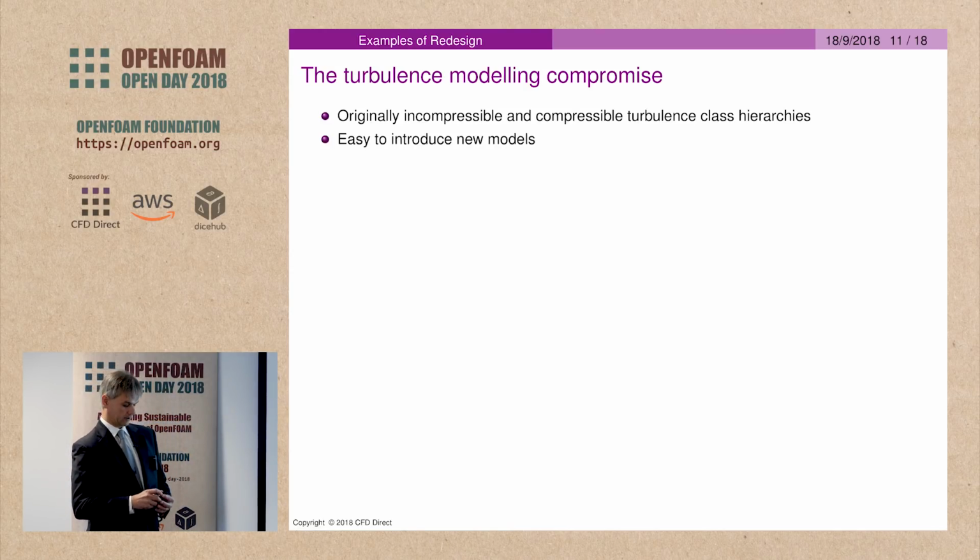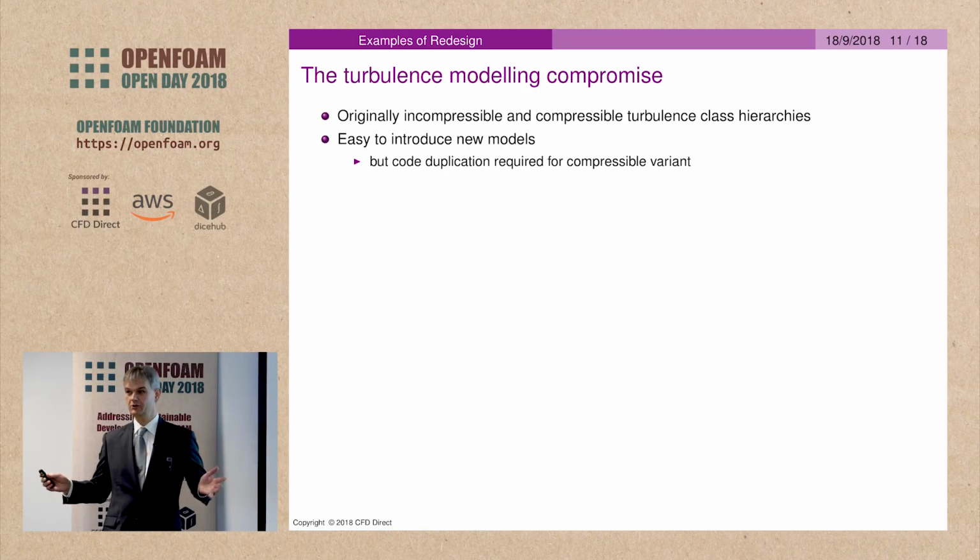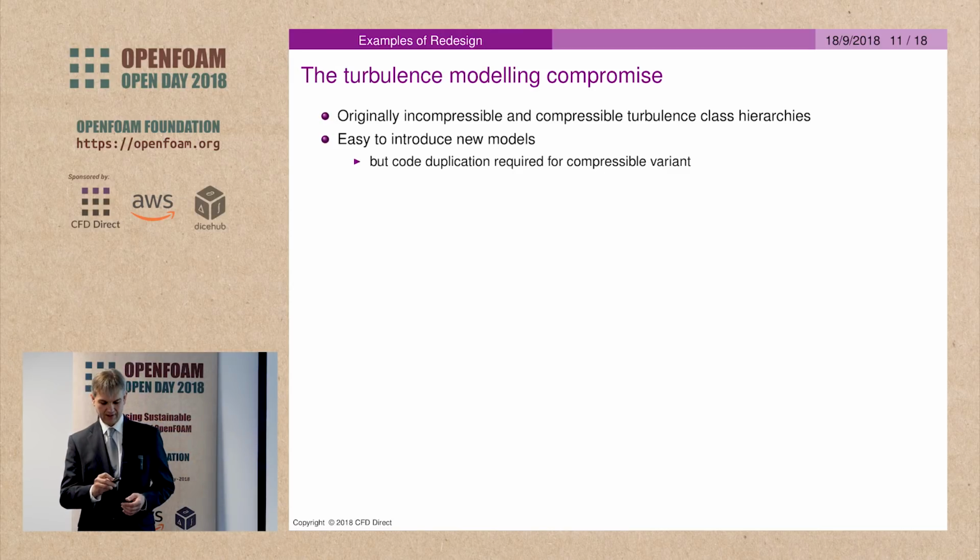So the turbulence modeling in OpenFOAM, when I originally created it, OpenFOAM was originally incompressible only. I added compressibility. So I did the classic mistake of duplicating the incompressible turbulence models to create compressible versions, which was convenient to add new models, but total code duplication. It was irritating, but we could live with it.